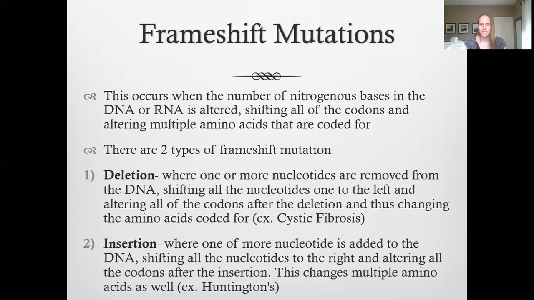Huntington's disease is an example of an insertion frameshift mutation. Again, it's a deadly disease. Most frameshift mutations, again, are much more lethal than most point mutations, because instead of just changing one amino acid, it's changing a bunch of amino acids.